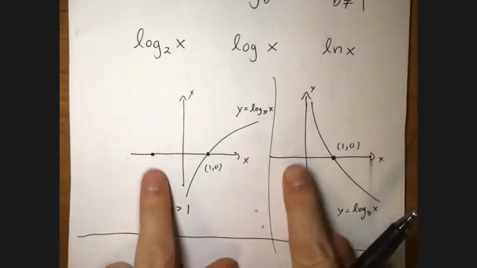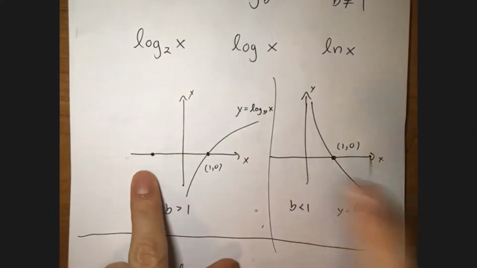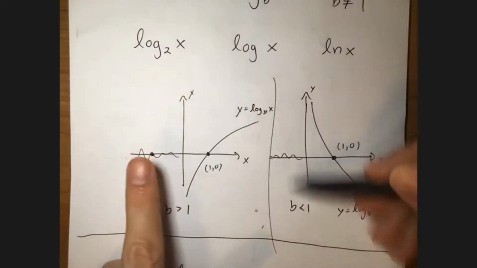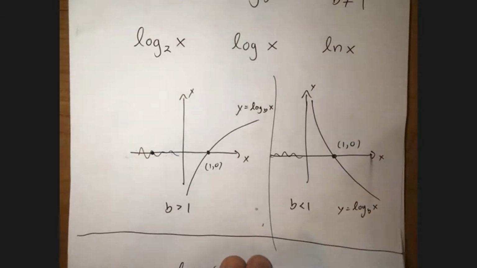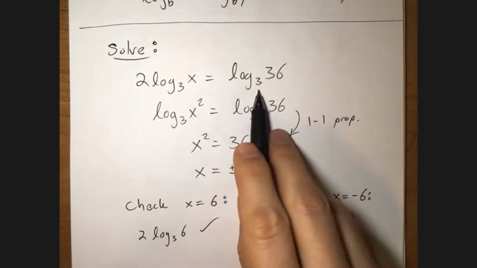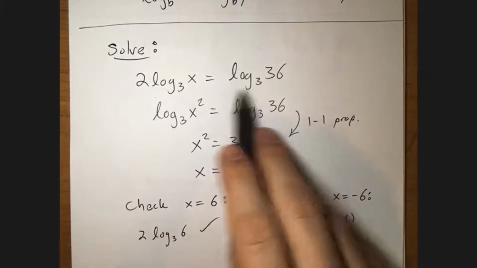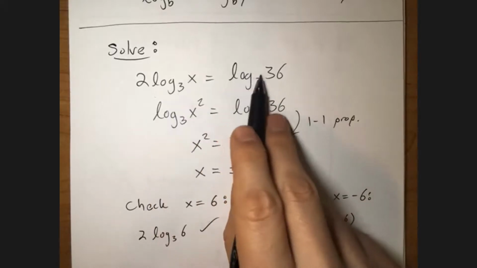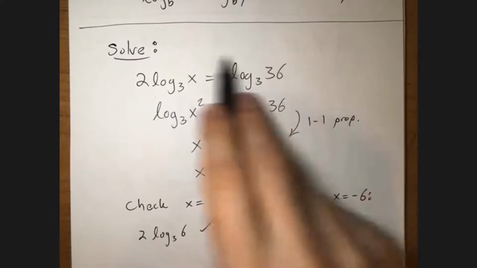Because negative numbers aren't in the domain of the log function. Negative numbers are over here, but there's no graph over there. The function doesn't take those values as inputs. So that's not in the domain, so this does not exist. So how can this equation be true if this doesn't even exist? It can't be true. The right-hand side exists, that's fine, but the left-hand side doesn't, so that can't work.